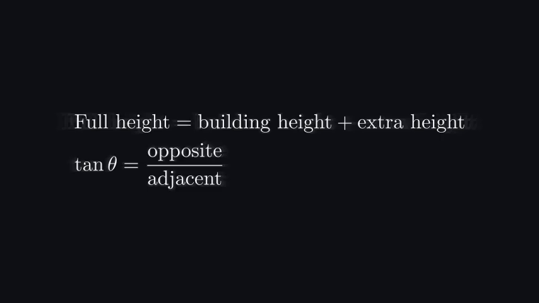Tan of theta equals opposite over adjacent. Draw the horizontal line from the top of the building. Find the extra height. Add the building height.